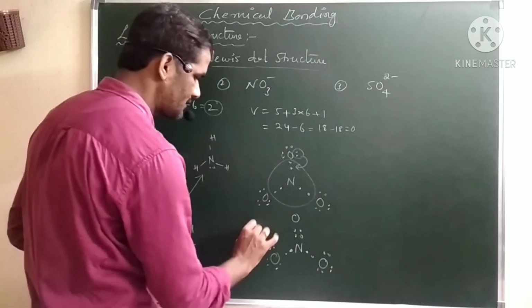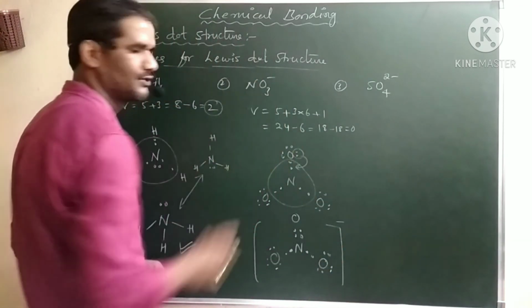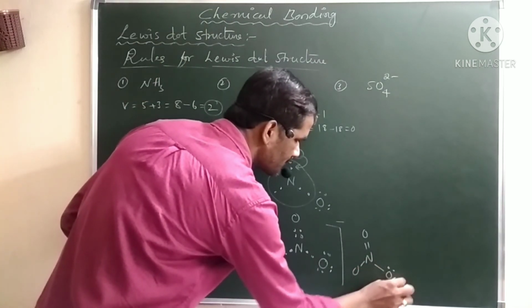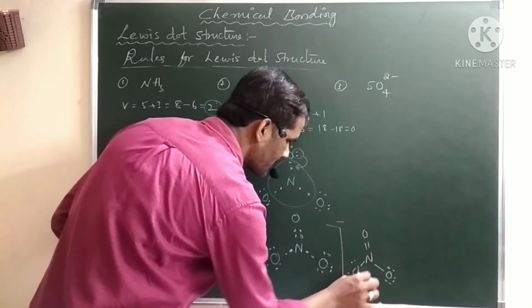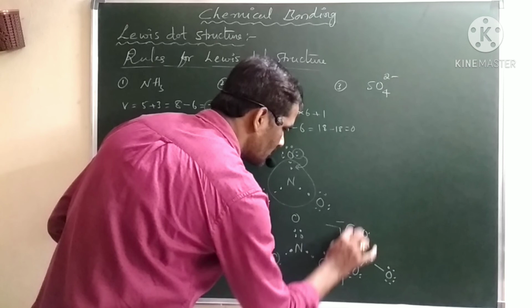So this you can write, this is overall carrying a negative charge. Why? Because we have a negative charge. So this we can write nitrogen, double bond oxygen, oxygen, oxygen, and overall negative charge.